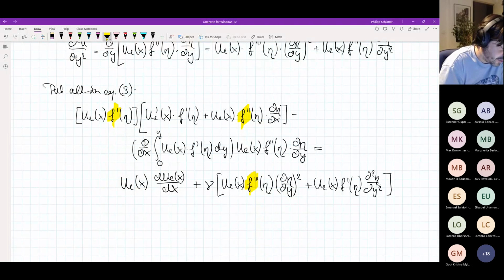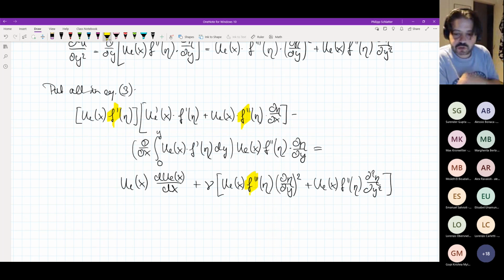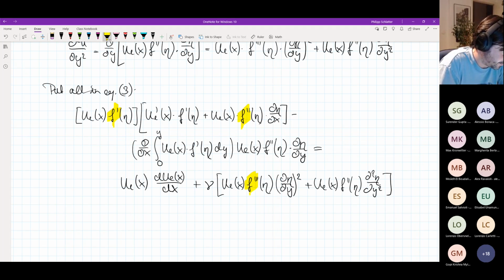So there's a number of different terms that appear here. So that means we can now try to sort all of these terms in a more convenient way in order for us to recognize the structure of the equations in a slightly better way.